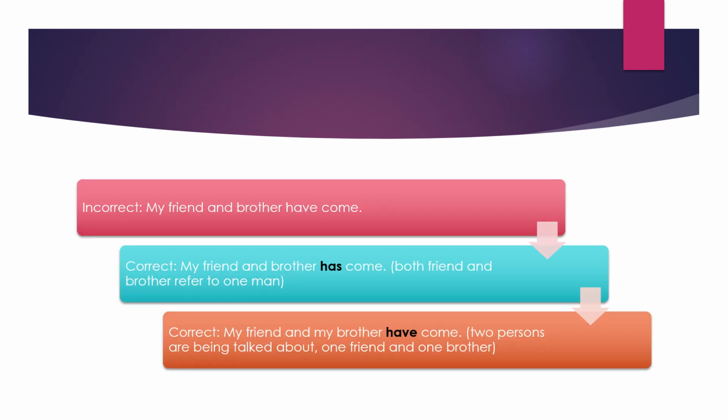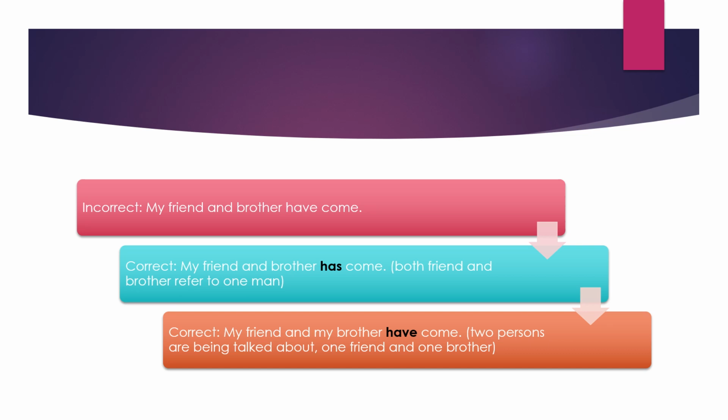My friend and brother have come. Now, had it been my friend and my brother, then I would have understood that we are talking about two people. One is a friend and the other is a brother. Because we do not have any word like my or any article like the written before the two subjects, this always suggests that we're talking of only one individual.